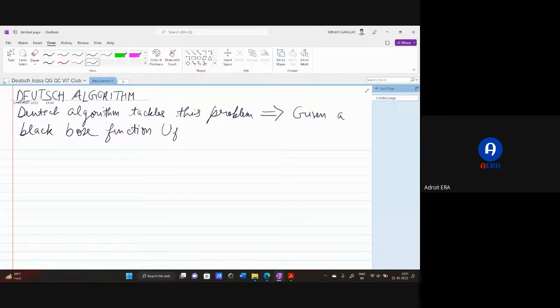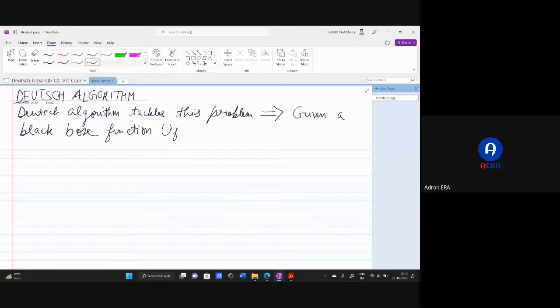The function is unknown. In our case, we will be seeing several oracles which will be known to us just for verification purposes, but you can also implement other kinds of oracles which are completely unknown, considered as unknown. And then the algorithm will be determining whether the function is constant or balanced. So these are the two conditions.